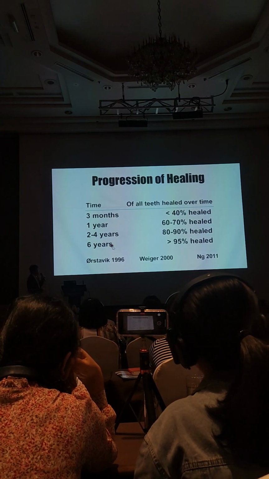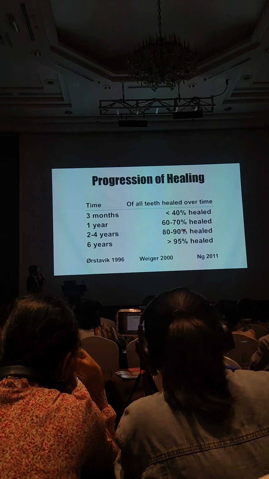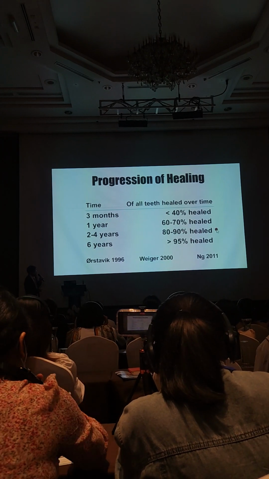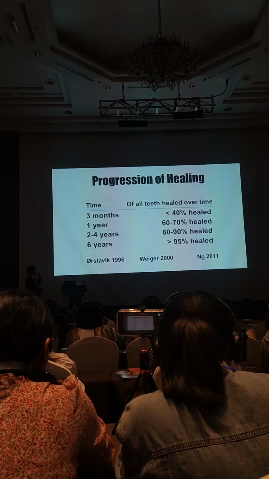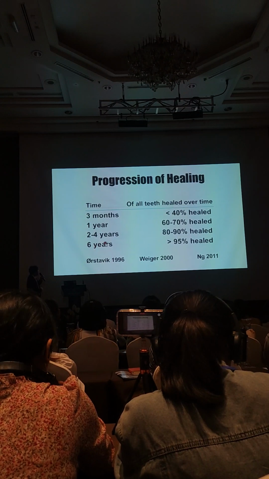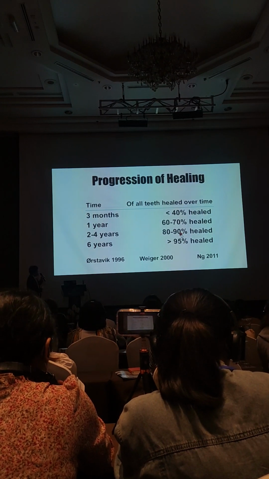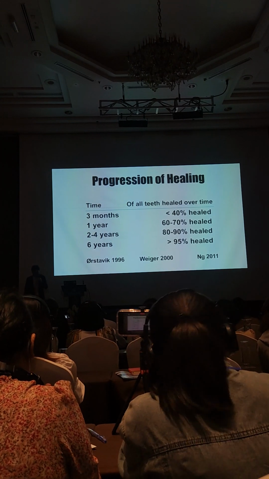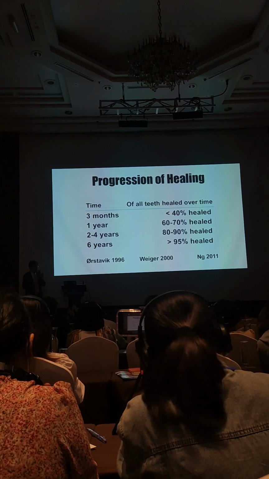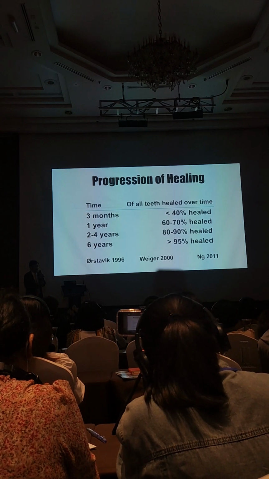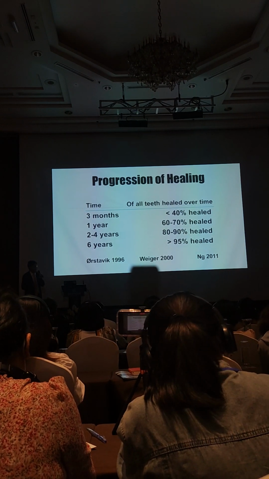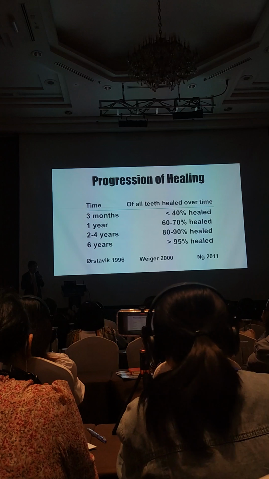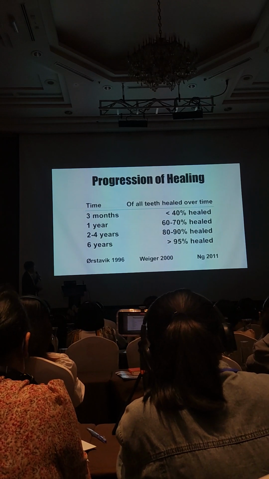If you wait 2 to 4 years, 80 to 90% of the cases healed. Look, even if you wait 2 to 4 years, 10% are still not healing. So that's why you have to talk about the time of healing with the patient before you start your treatment. Very important.